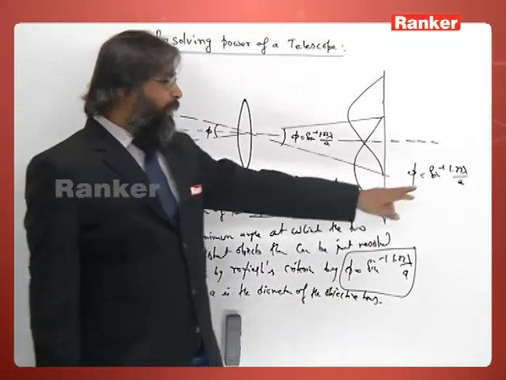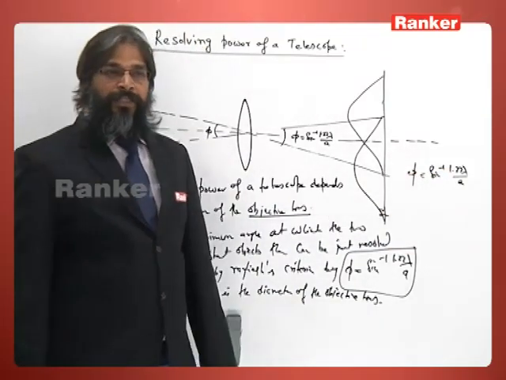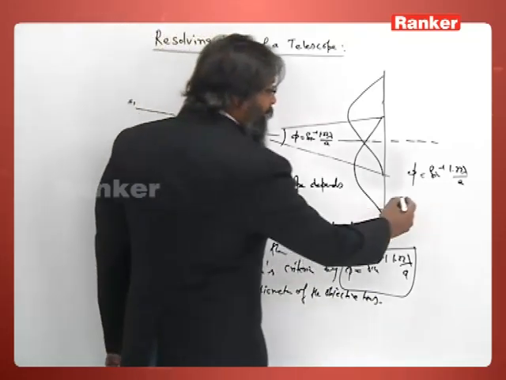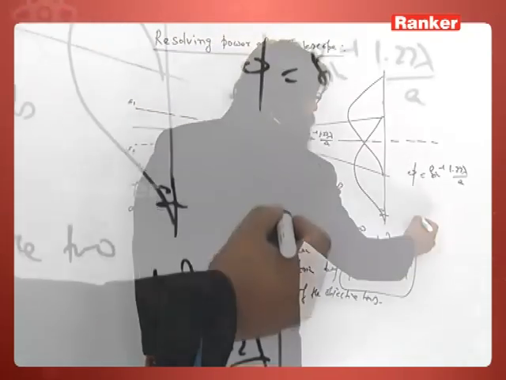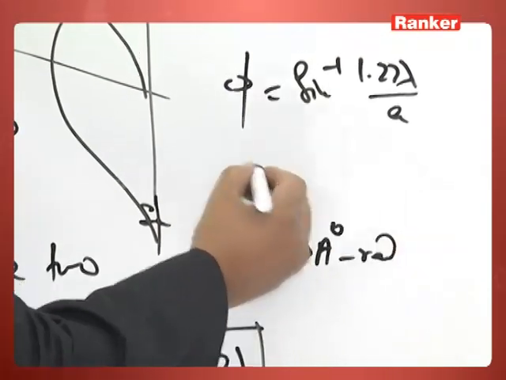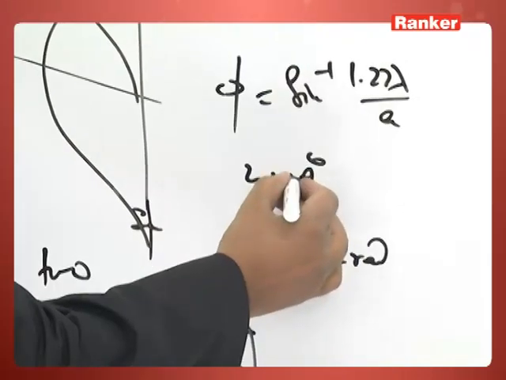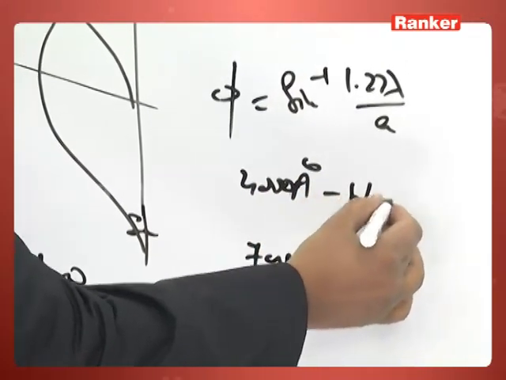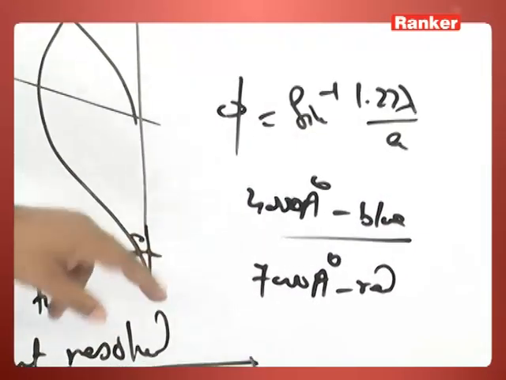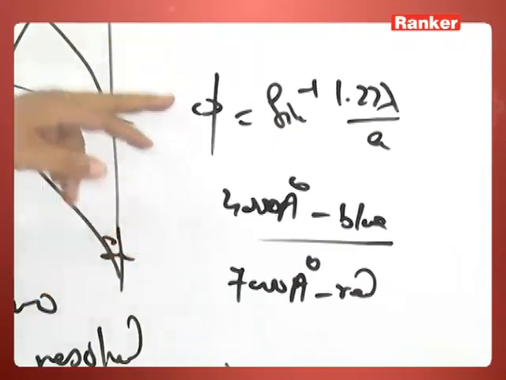For example, when we use an optical telescope, the wavelength of light is in the visible range, that is nearly 7000 angstrom for red and 4000 angstrom for blue or violet light. So we have a limitation. Now suppose I use X-rays.